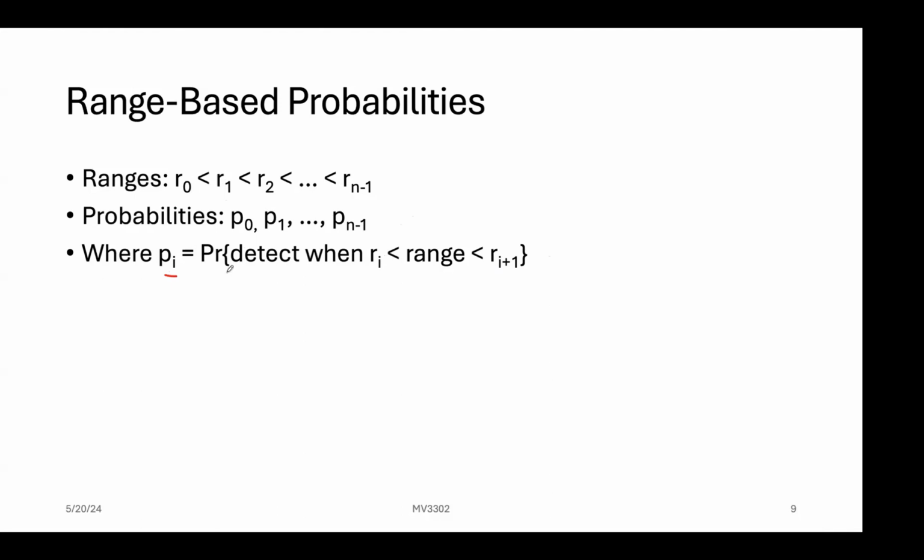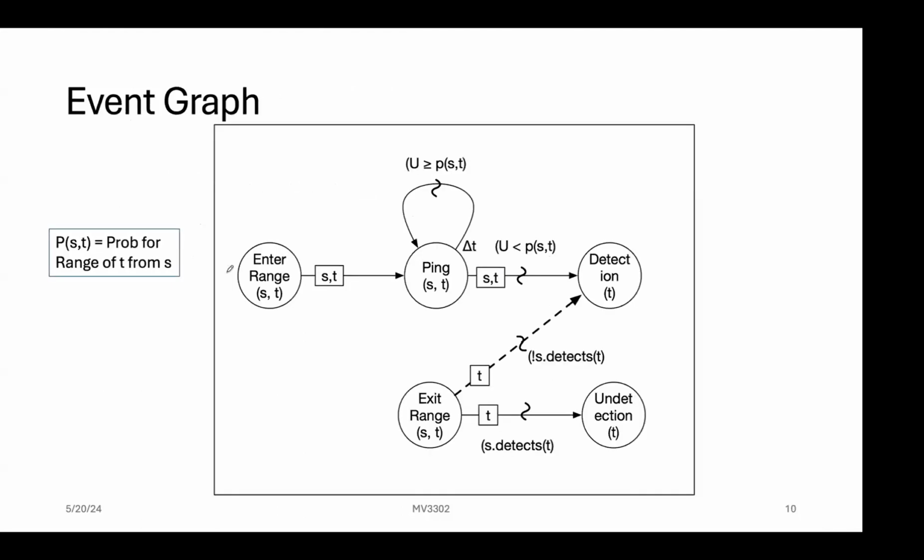What we need, therefore, as a parameter, is some kind of table or way of saying that when the target is this distance away from the sensor, then we can grab the probability. There are a number of different ways of doing that. The simplest would be just a simple map.